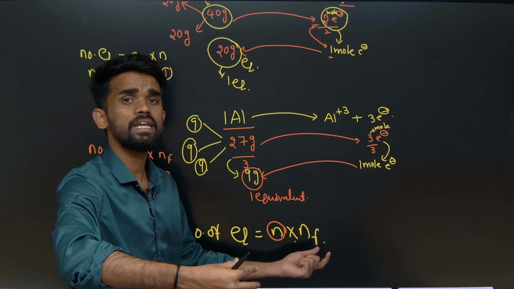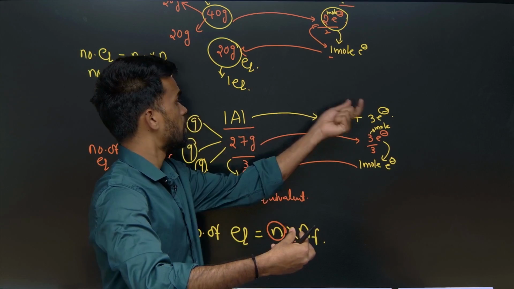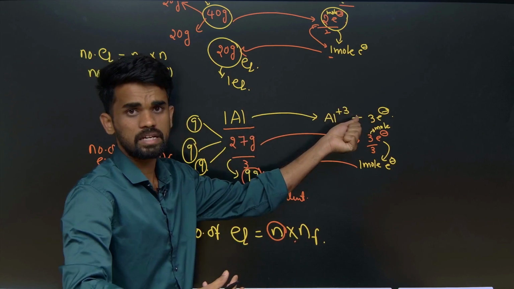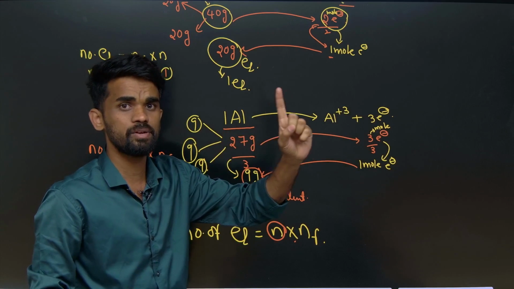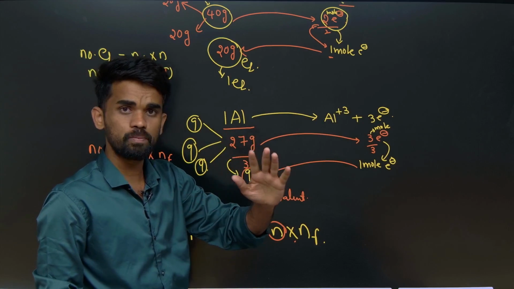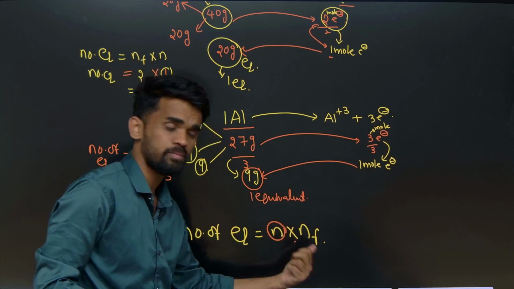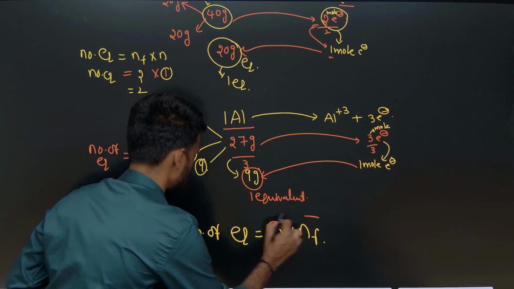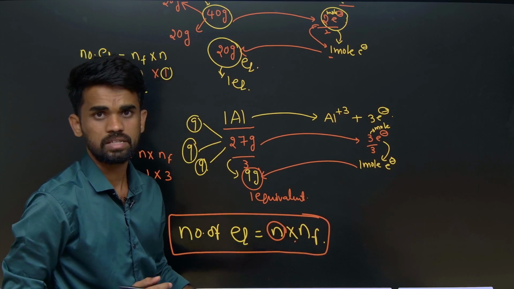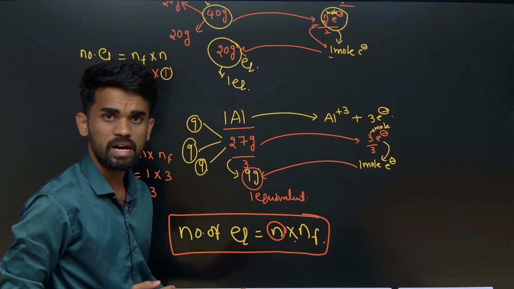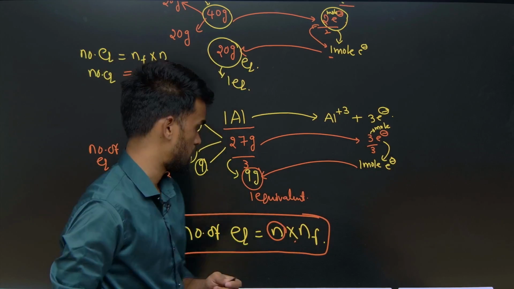It means how many valency electrons it has, or how many electrons will participate when it reacts in a particular chemical reaction. For sodium it will be 1, for second group elements it will be 2, for third group elements it will be 3. I am making the simplest formula, n into n factor, or valency factor, based on the number of valence electrons participating in the chemical reaction.